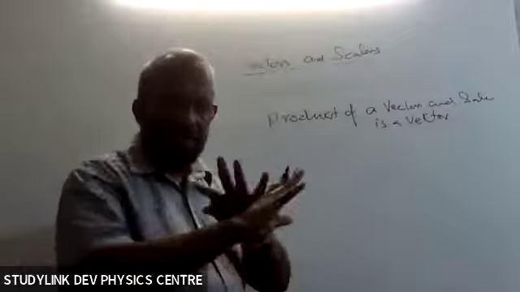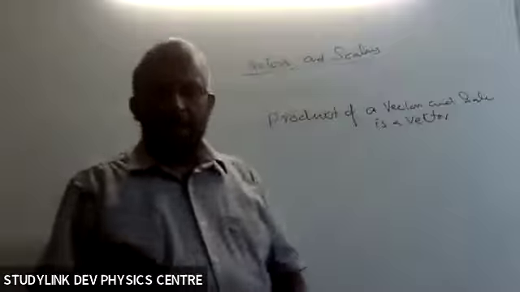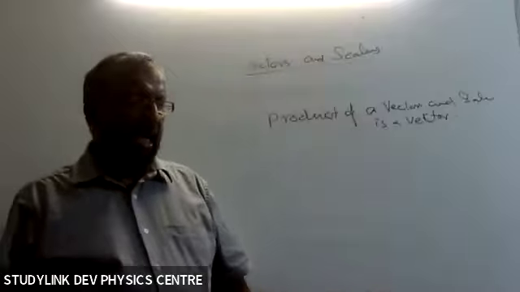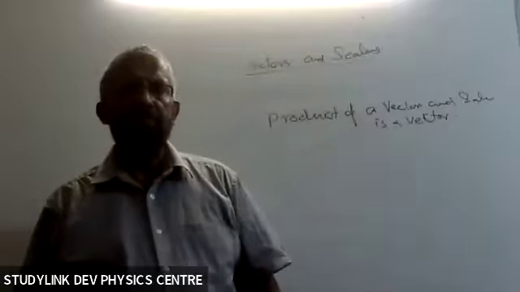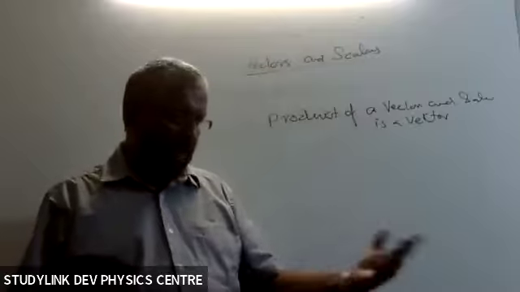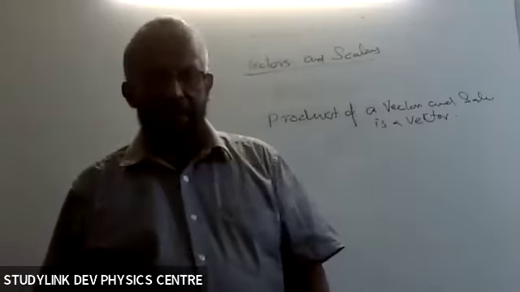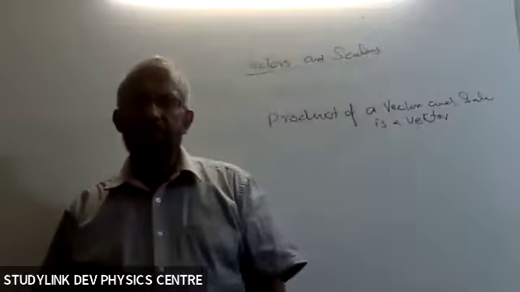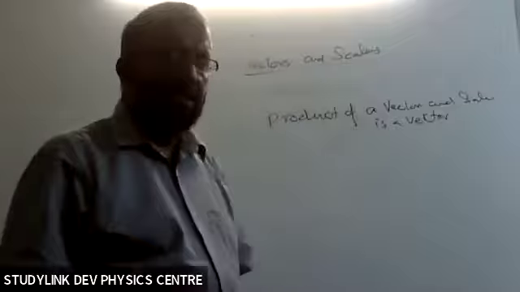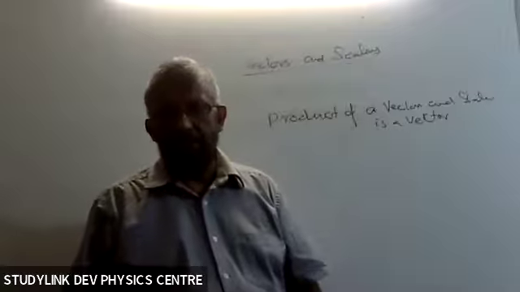Product means multiplication. Then write: a product of a vector and a scalar, or scalar and a vector, is a vector except in one situation.